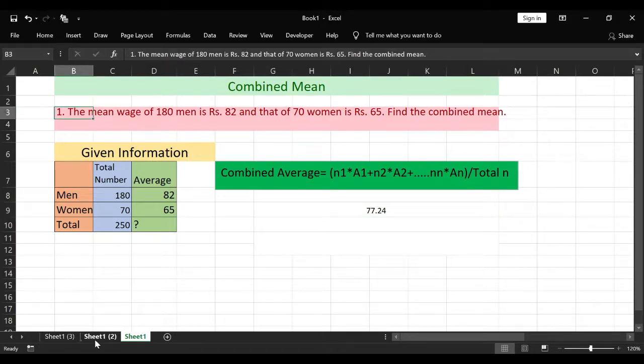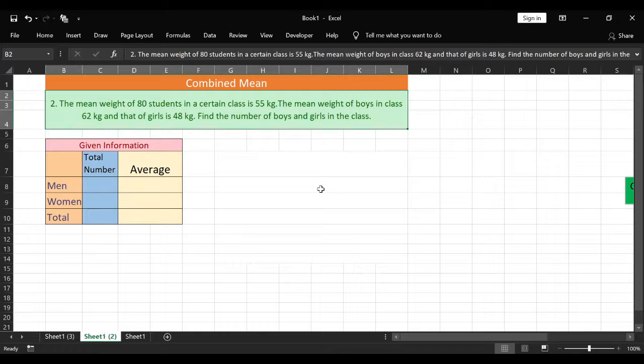Let us move to another problem of a similar kind. Here they have given the mean weight of 80 students in a certain class is 55 kg. The mean weight of boys in the class is 62 kg and that of girls is 48 kg. Find the number of boys and girls in the class. I'll write what they have given.